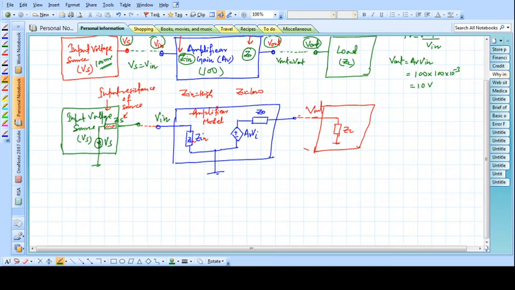Okay, so this input voltage Vin, the input voltage of an amplifier, is nothing but simply use the voltage divider rule. So Vs into the main resistance, that is our Zin, by Zin plus Zs.